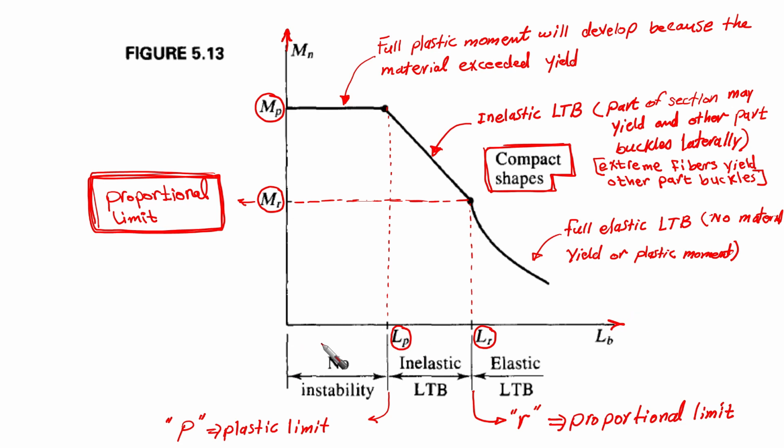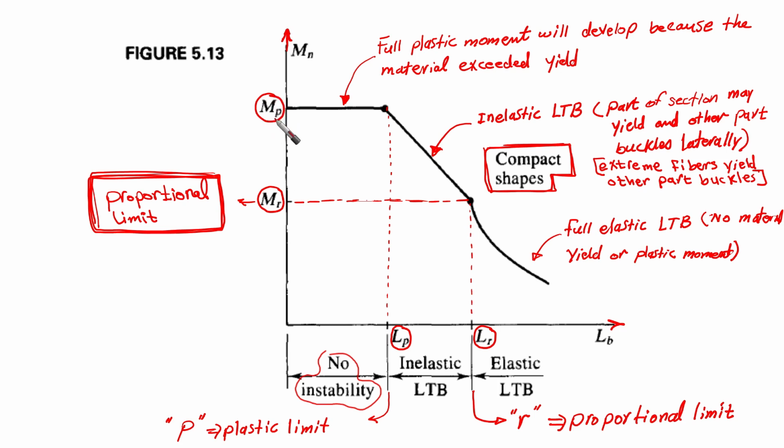We are going to put different zones on the horizontal axis. The first zone is where LB, the bracing length, is small, until reaching a point called LP. This distance identifies what we call no instability. If the cross section is here, this means that its nominal moment strength is going to be Mp, the plastic moment, which is going to be higher than My, the yield moment.